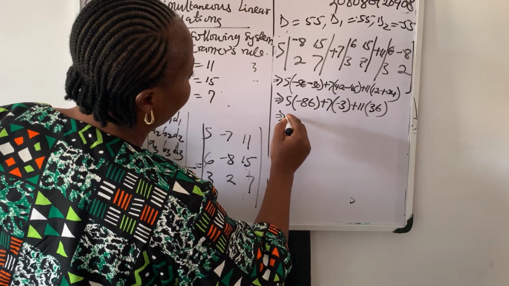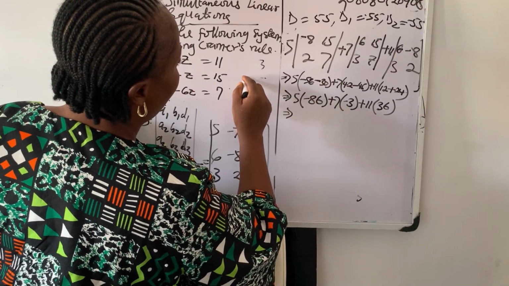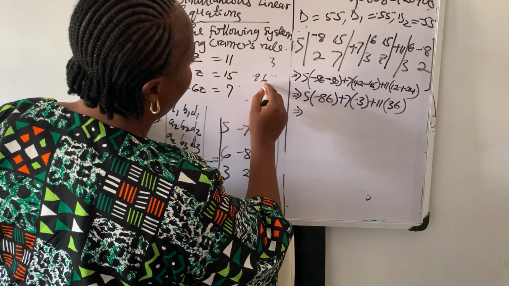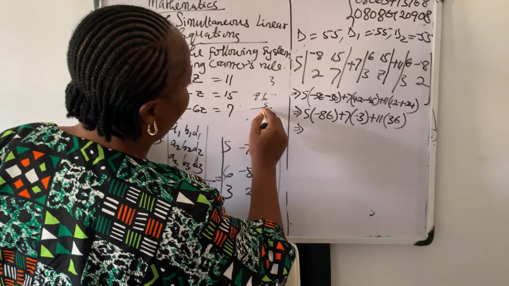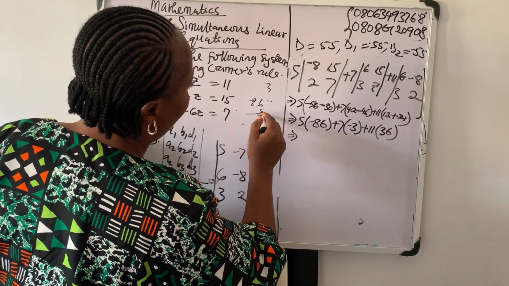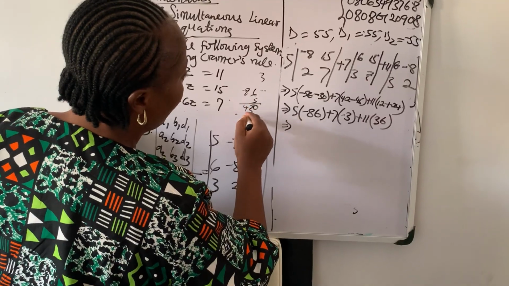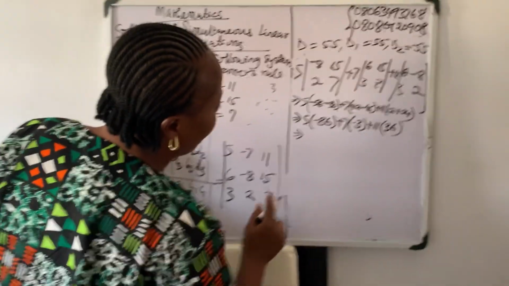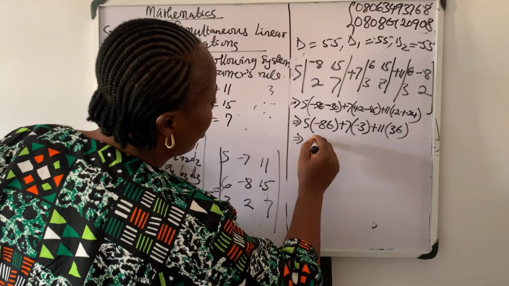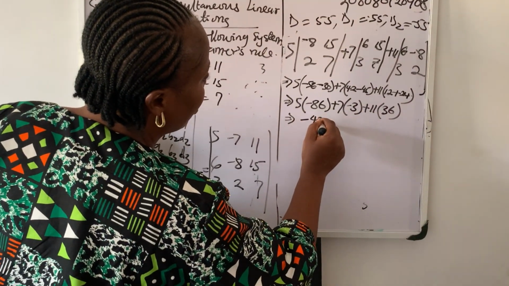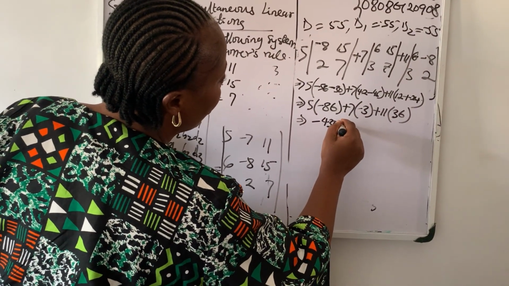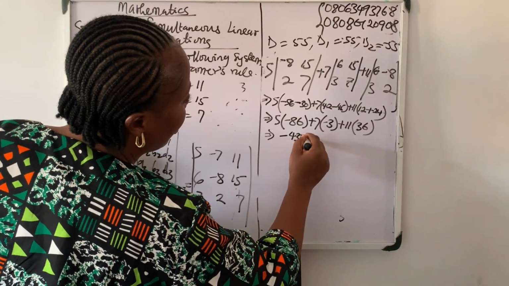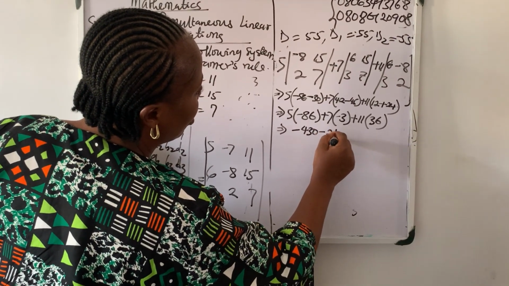We go again. 5 times minus 86 will give us minus 430. Then 7 times minus 3 is minus 21.